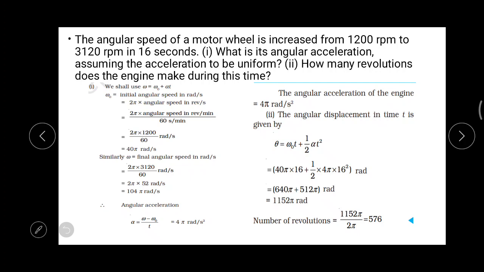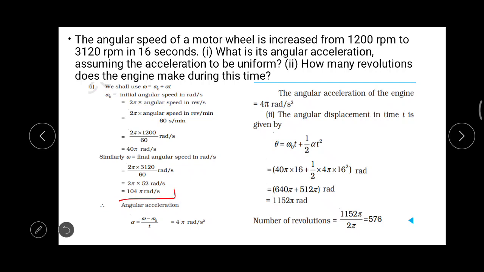That is the initial angular velocity omega 0. Similarly, the final velocity is 3120 rotations per minute. So that is 2 pi into 3120 divided by 60 radians per second, and that will be 104 pi radian per second.